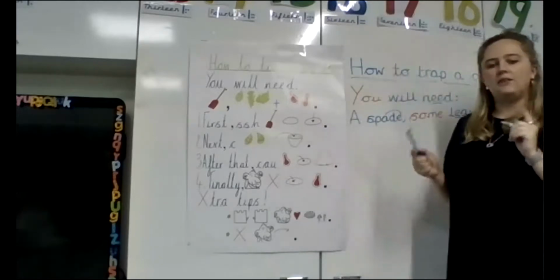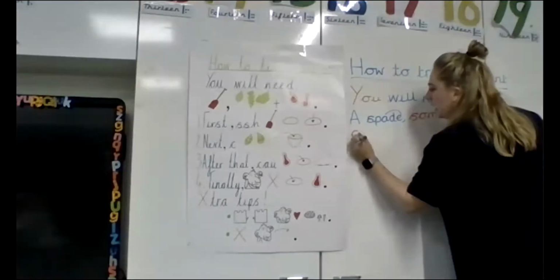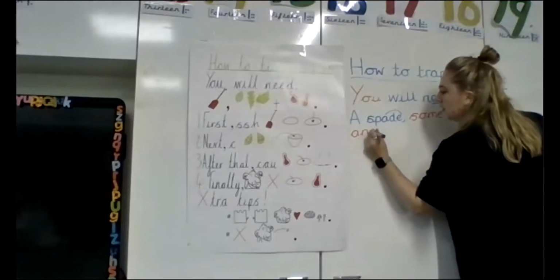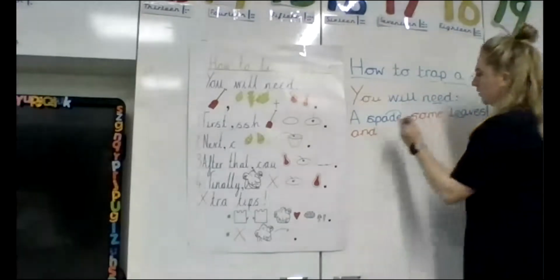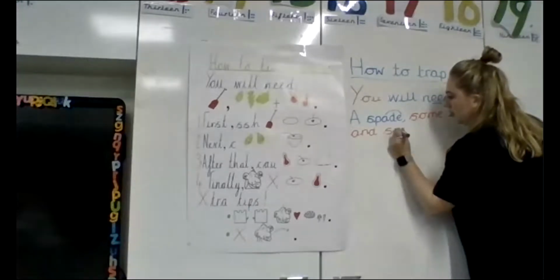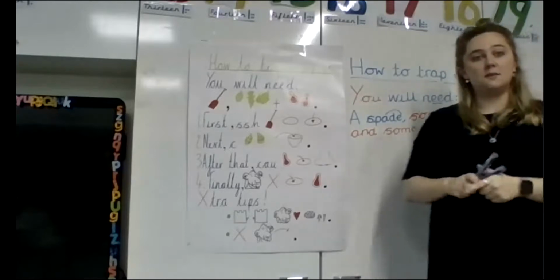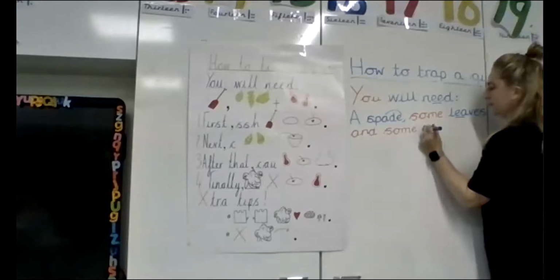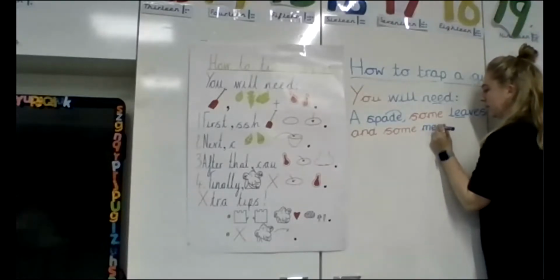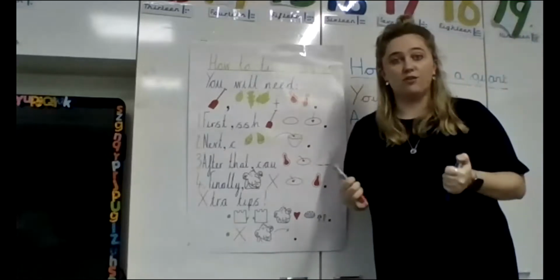Spade, some leaves, and we know "and" is a red word, don't we? And some is a red word. Some meat. Eat, meat. Full stop. Great, I've got the first sentence down.